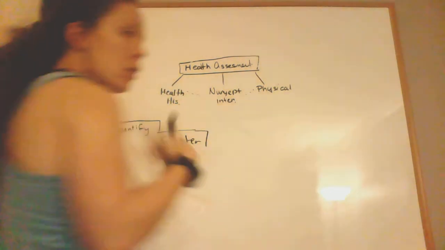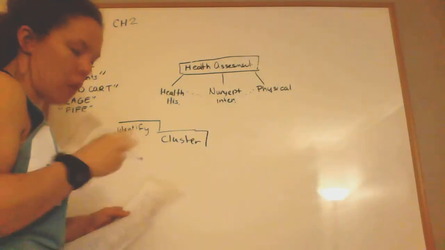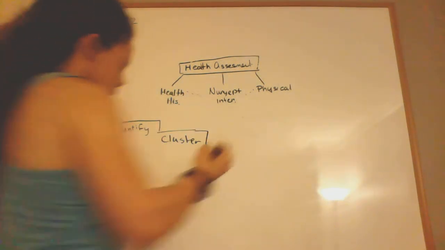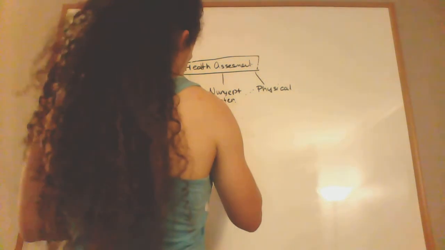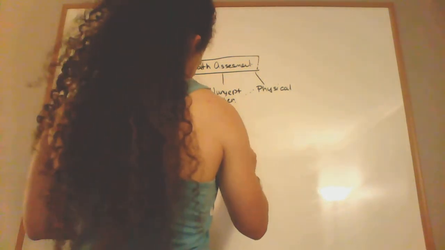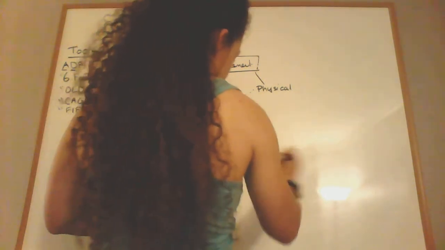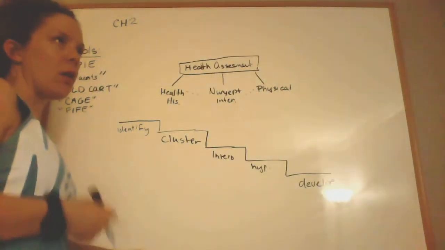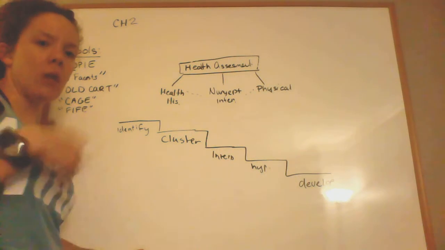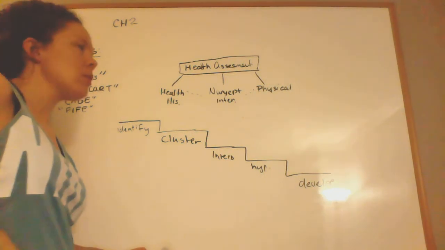And these are all going on in the nurse's head as you're doing the assessment. Interpreting, hypothesizing. This is a lot like the scientific method, hypothesizing and developing. The text basically says, and again, this is all going on internally with the nurse as she's doing the assessment, or he or she.